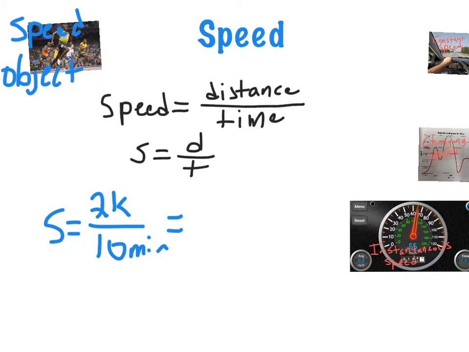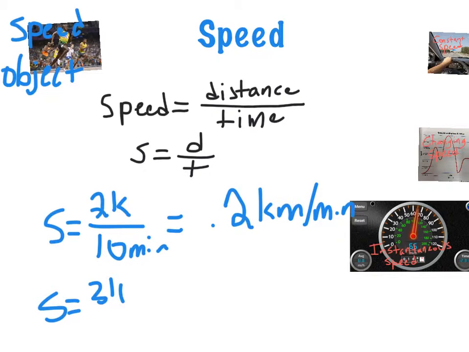So for this one, if we do that, we went basically 0.2 kilometers every minute. And for the next one, our speed equals 3 kilometers in 20 minutes.